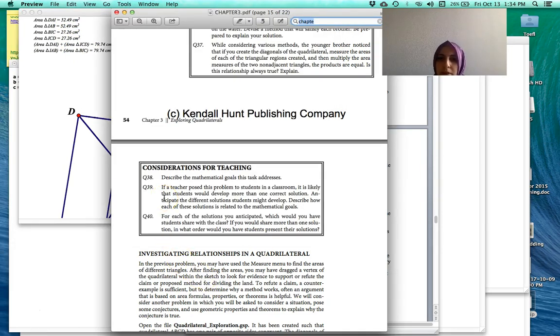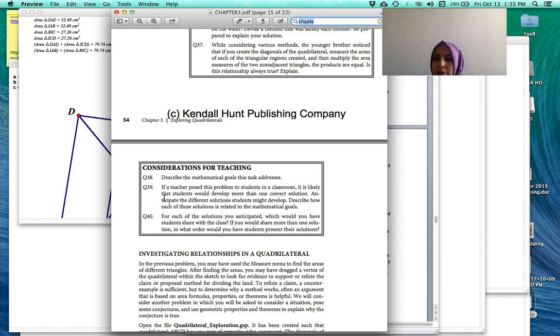Describe the mathematical goals this text addresses. I think this text addresses some goals, which are to draw polygons in the coordinate plane given coordinates for the vertices, use coordinates to find the length of a side joining points with the same first coordinate or the same second coordinate, and apply these techniques in the context of solving real-world and mathematical problems.